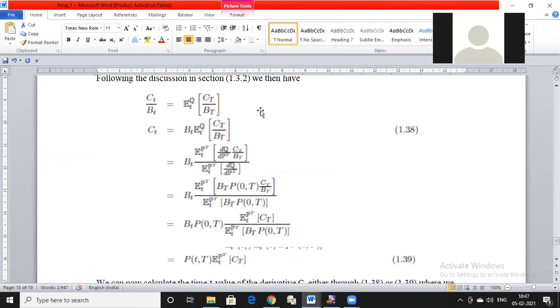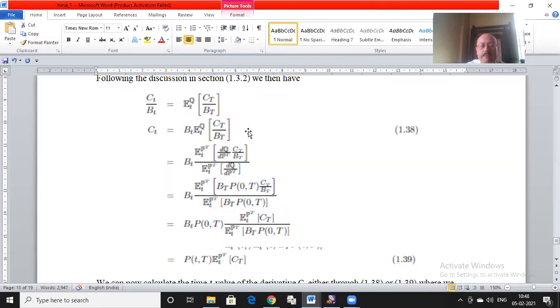Okay. And also note that if I did not make the assumption of a deterministic interest rate, then the result would be true up to 1.38 definitely, because up to 1.38 I have not used the deterministic nature of the interest rate. Later on, I have taken things outside, but here I did not do anything like that.